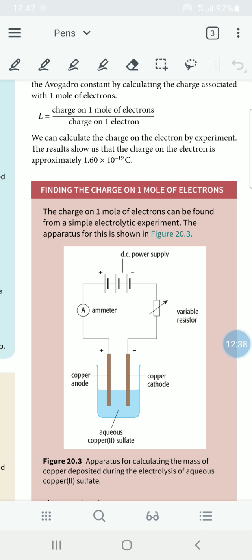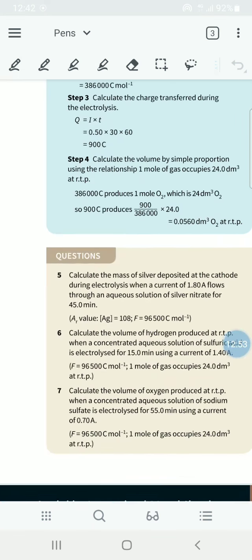Leave a line and write: The reduced mass is a result of the charge that was provided.